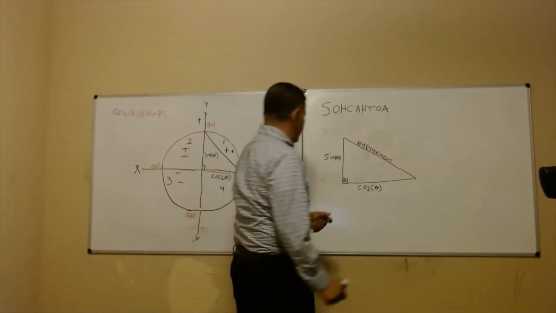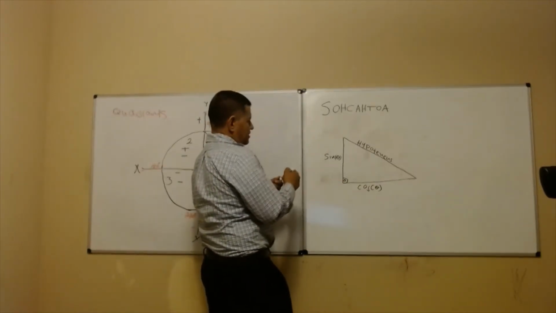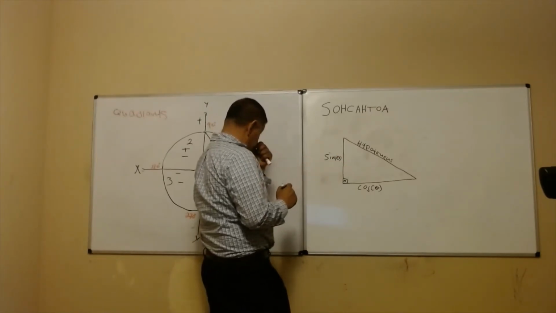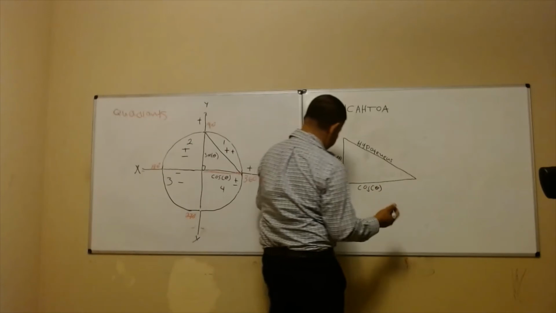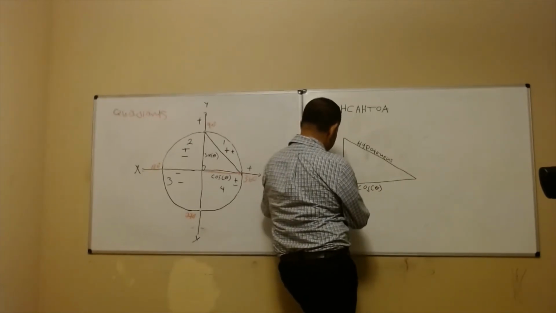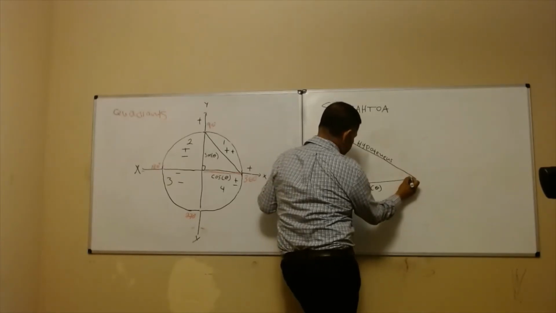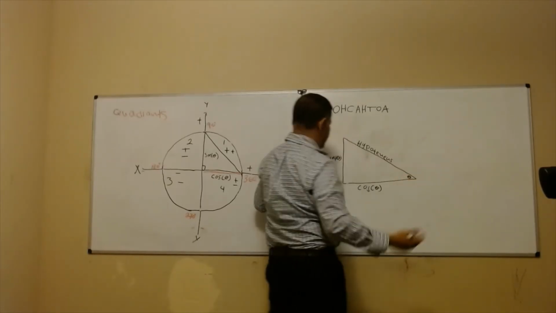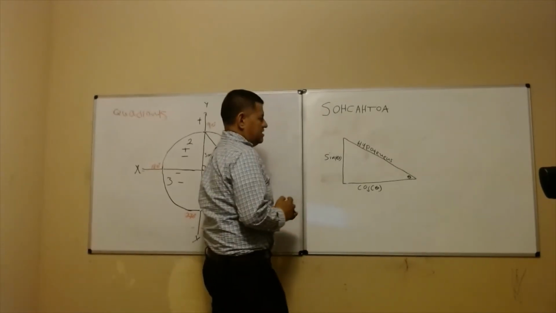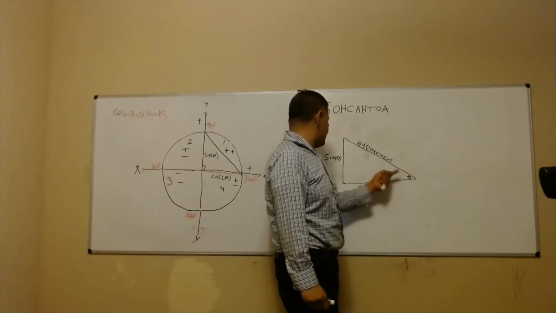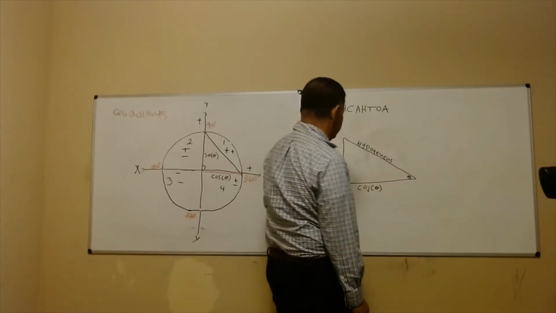This side right here is called adjacent. Let's say you put the angle theta right here. It doesn't matter whether it is a right triangle or not.